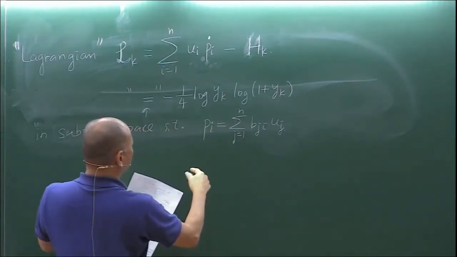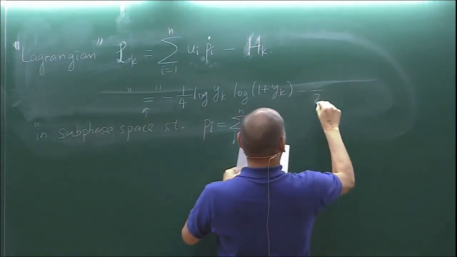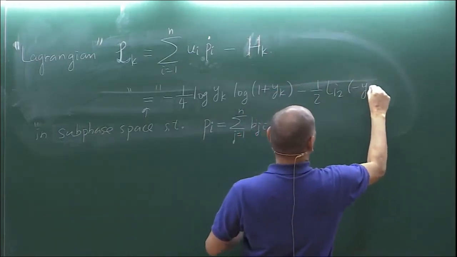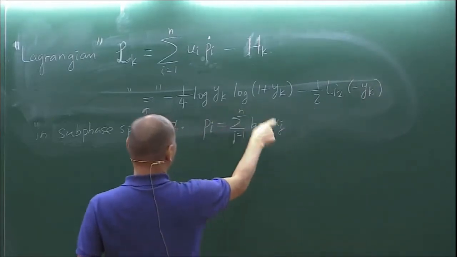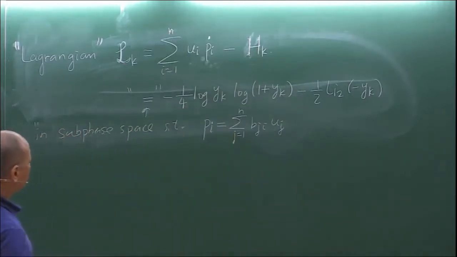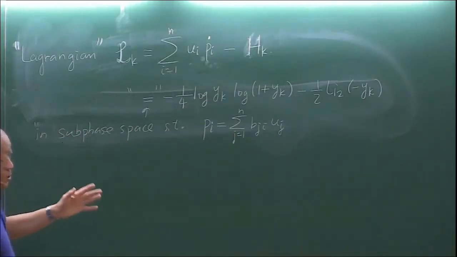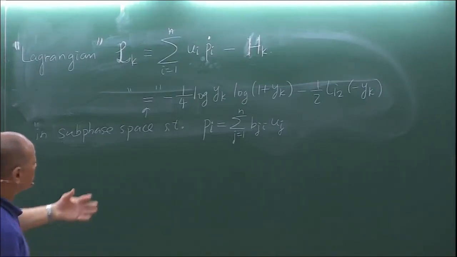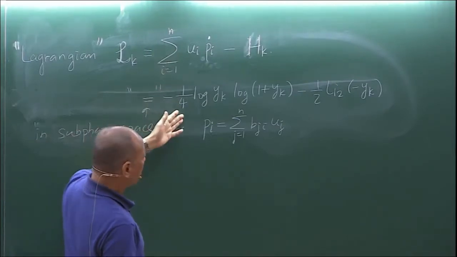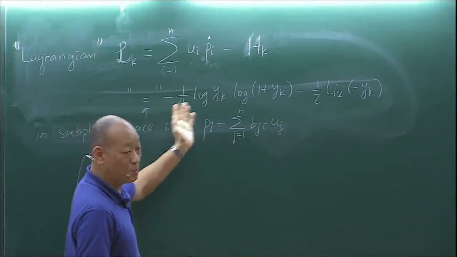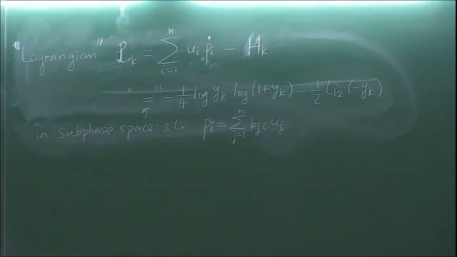But let me write the conclusion. This part is just simply here. So what I said is, in a particular subphase space, this portion can be calculated in the following manner. And the nice thing is this subspace is preserved by the Hamiltonian. So you can concentrate on this small phase space where this identity holds. Well, have you ever looked at this combination? Yes, of course, it is written there with multiplication of 1/2, right?